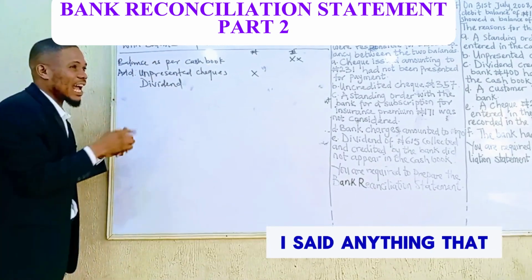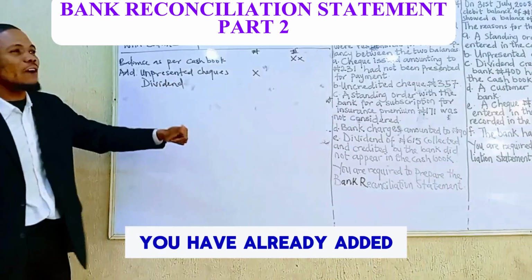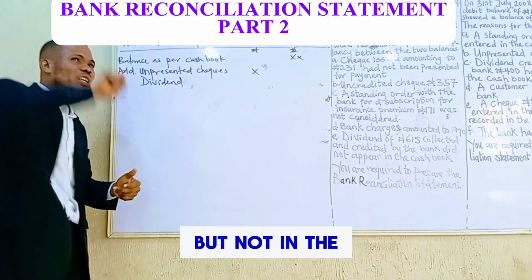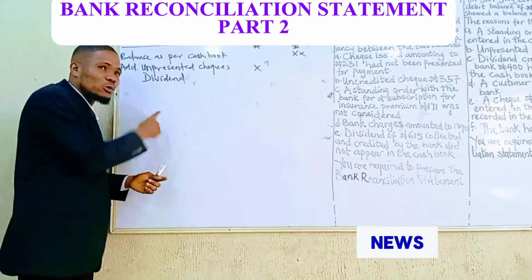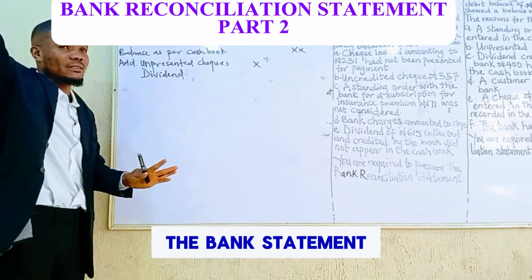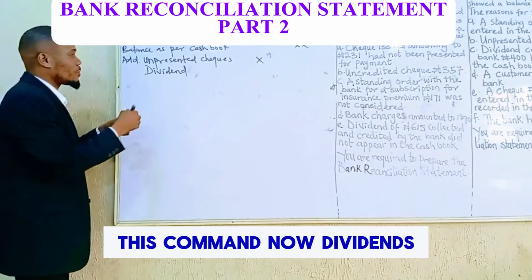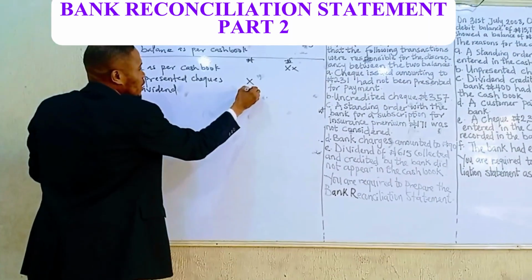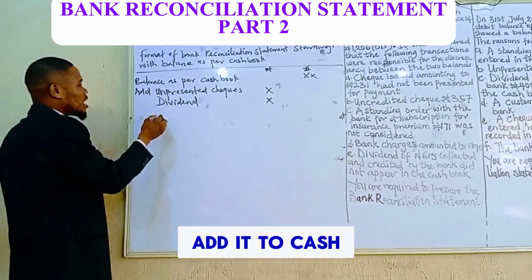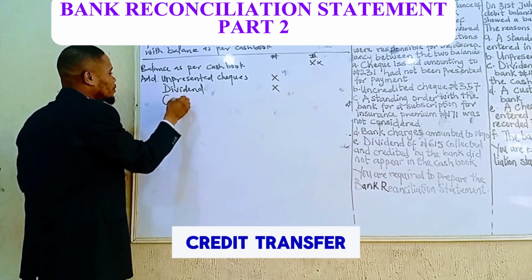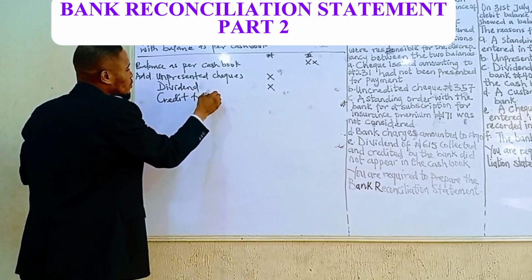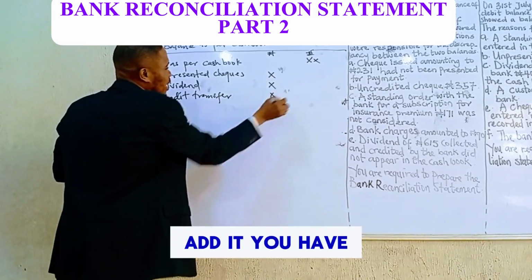You understand? And anything that you have already added to your cash book but not in the bank statement, when you make them agree, those values, add them back to your bank statement. That's the reason for this format. Now, dividend, add it to cash book. You have credit transfer, add it.